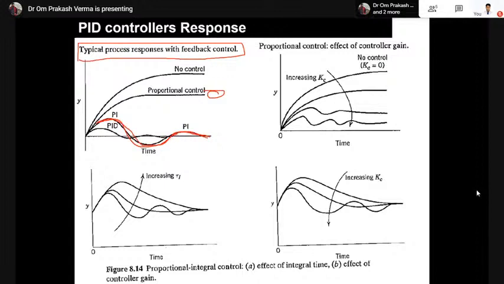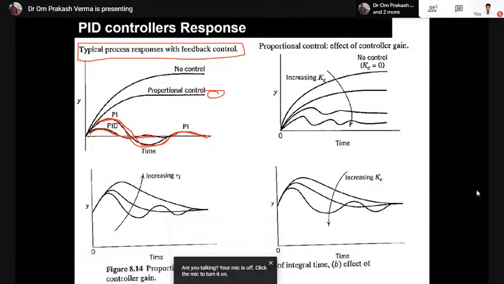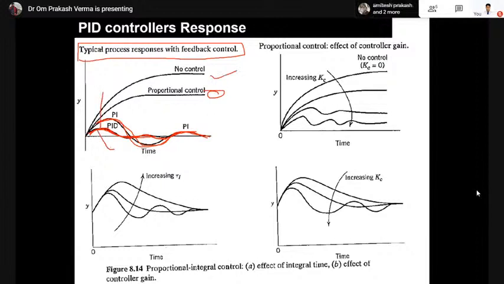However, as we introduce the derivative controller, it speeds up the system transient. It improves the transient very fast, and then such type of response you will get. So it is no control, proportional control, PI control, and then PID control.